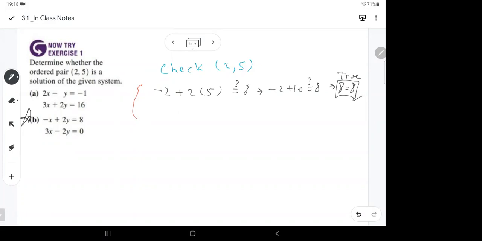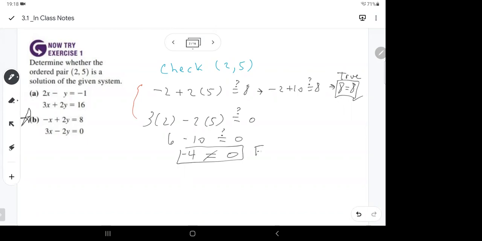Okay. 3 times 2 minus 2 times 5, does that equal 0? 6 minus 10 gives us -4. It's not equal, sorry.